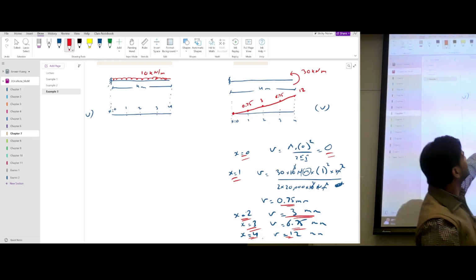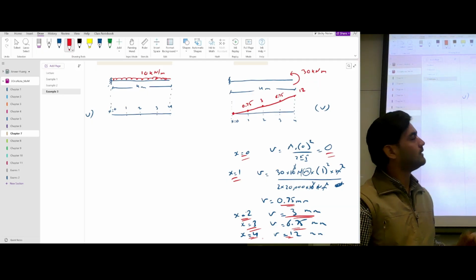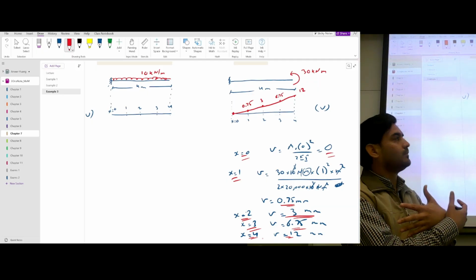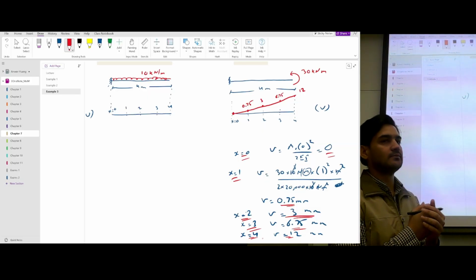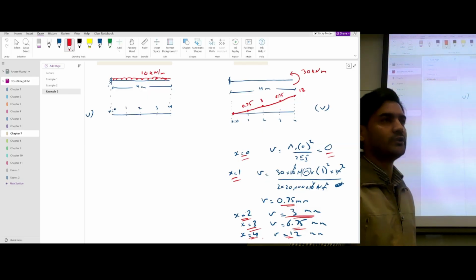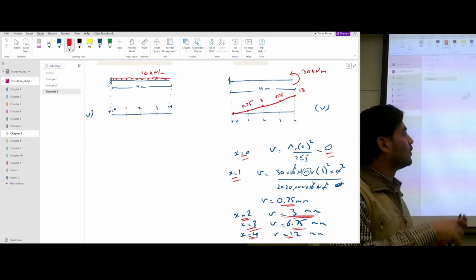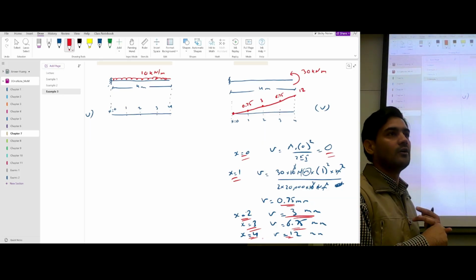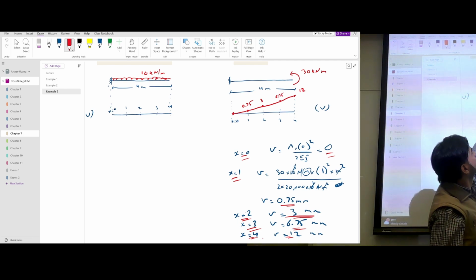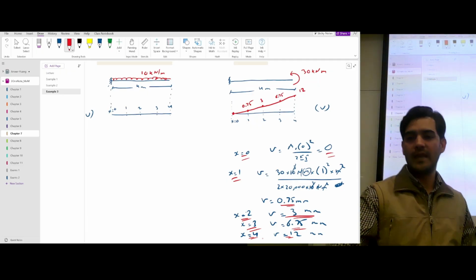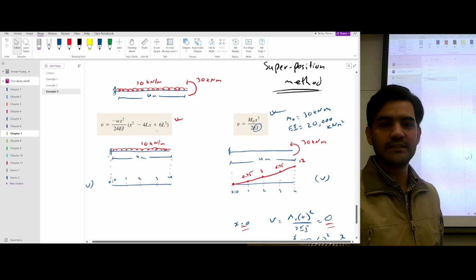Now you can also draw the displacement for this case, and then basically you have to add them up, and if you add them up, you will get the total displacements, which should be similar to what we got from the graphical method and also from the equation method. So everyone, you can try to draw the elastic curve for the first case using this equation.